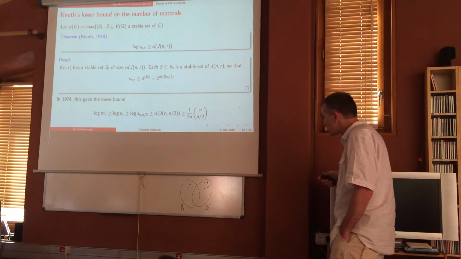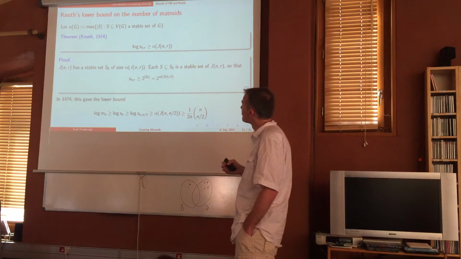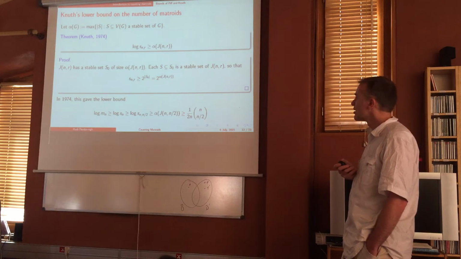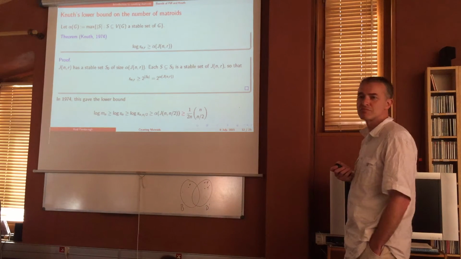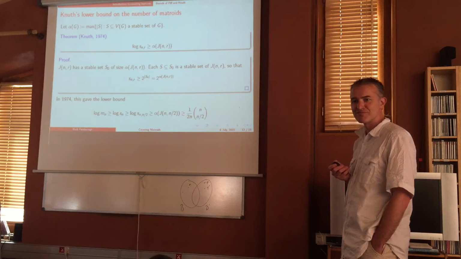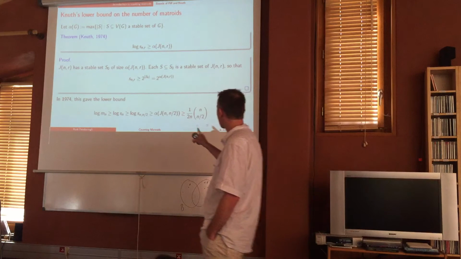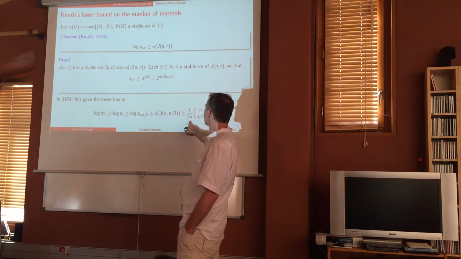And so what you need now is one very big stable set in the Johnson graph. And people knew some way to construct them. In 1973 they had a way to construct a stable set of this cardinality.